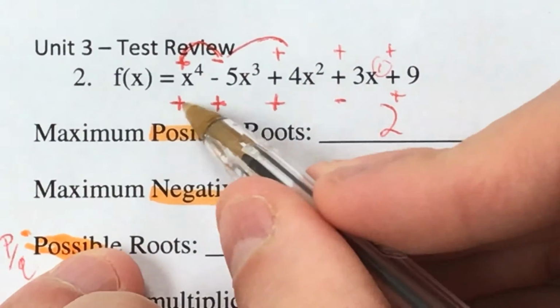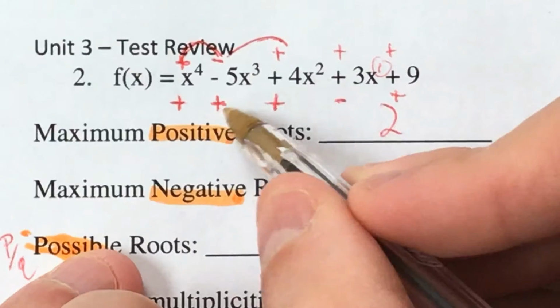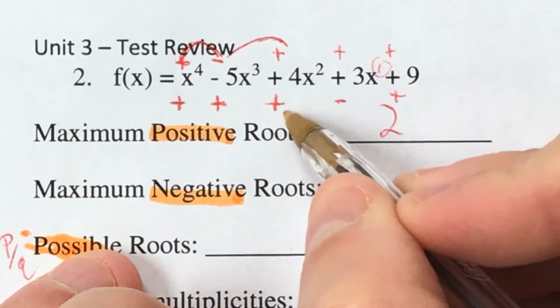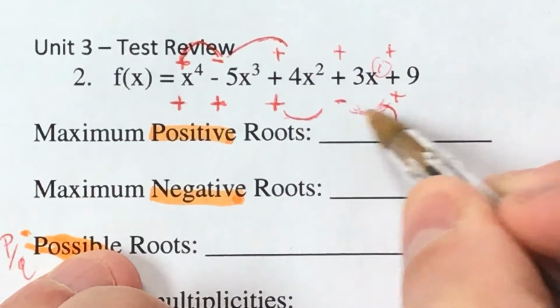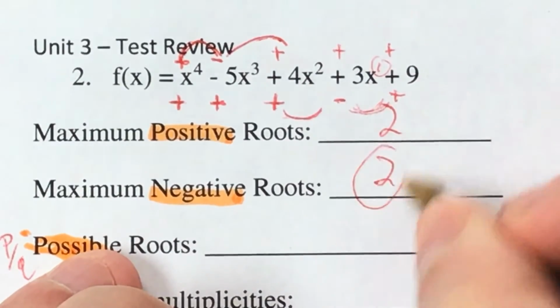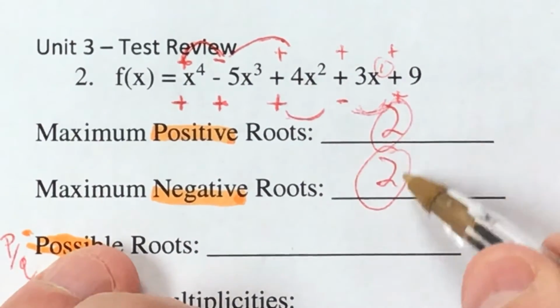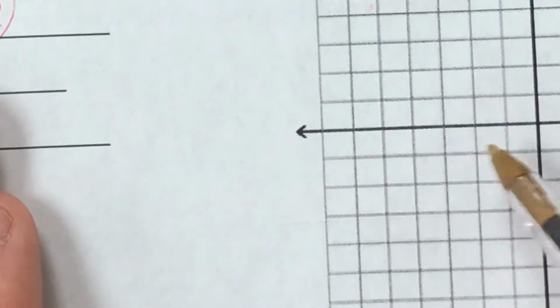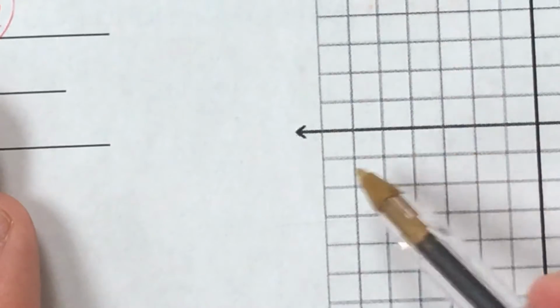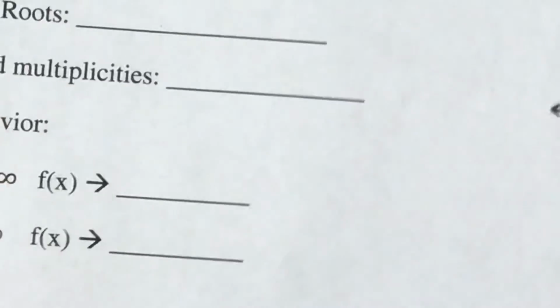And when you count, this does not change, this does not change, this does change, and this does change. So there are, once again, two places. So that means there could be up to two negative answers. Could be less, but there could be two. So there could be two here, there could be two there, or there could be less.